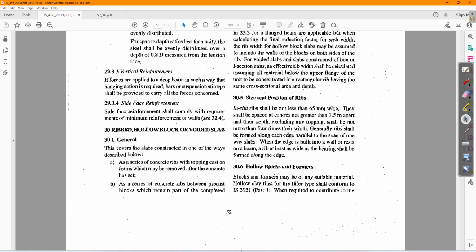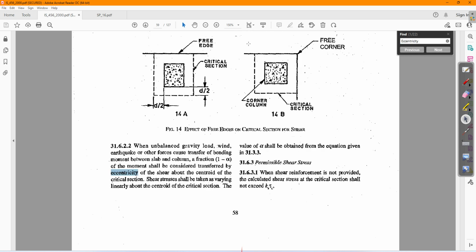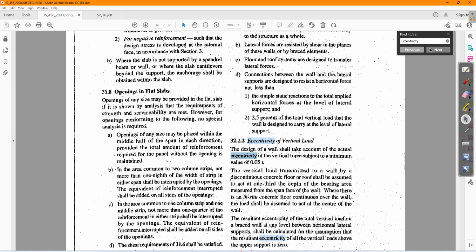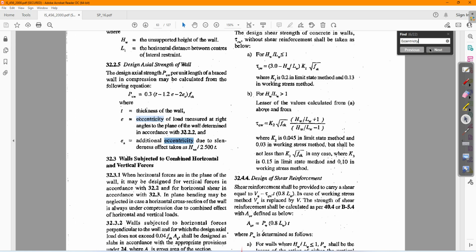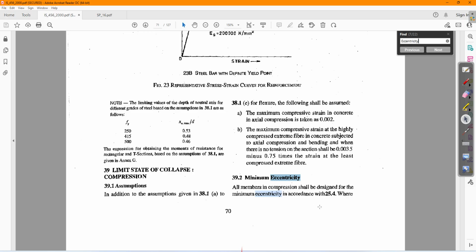So moments due to minimum eccentricity. Yes.